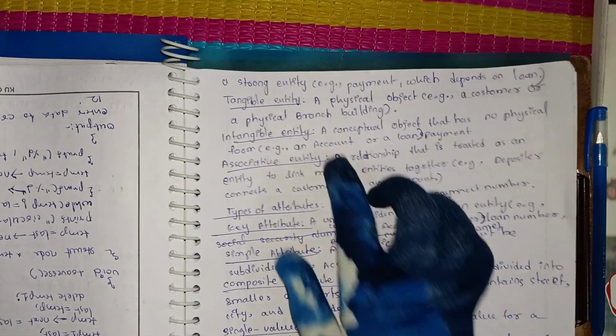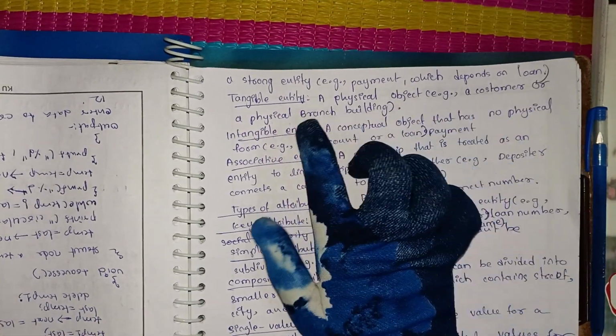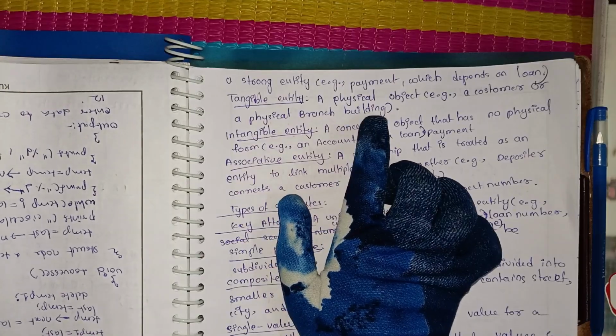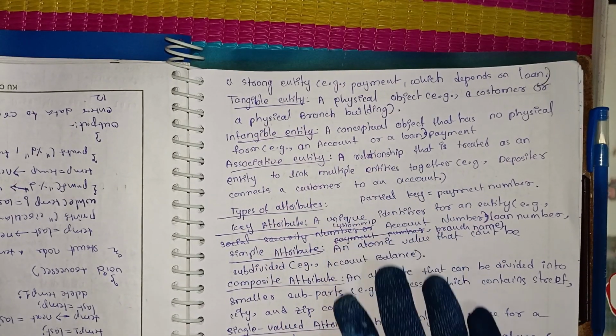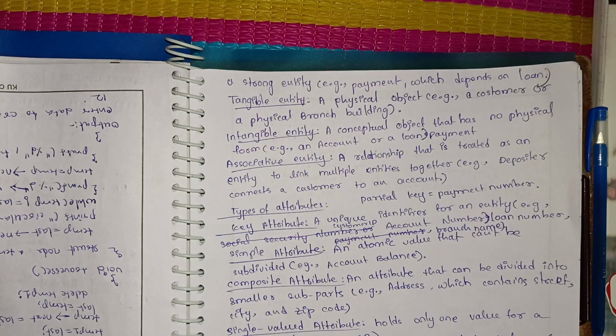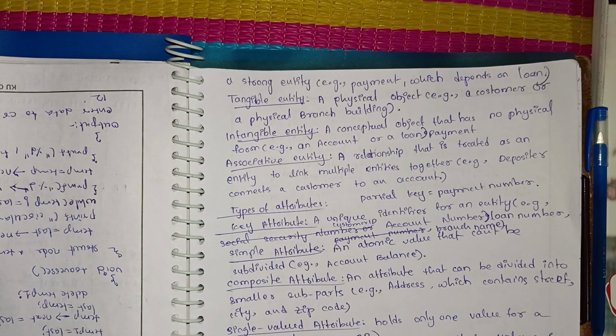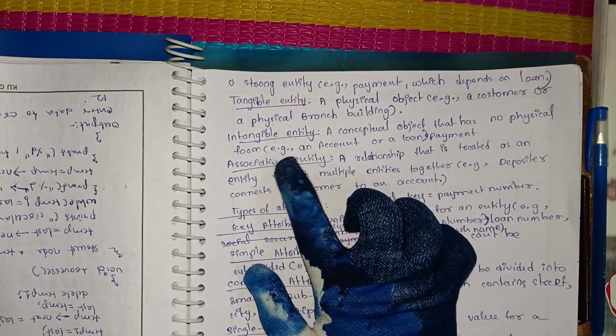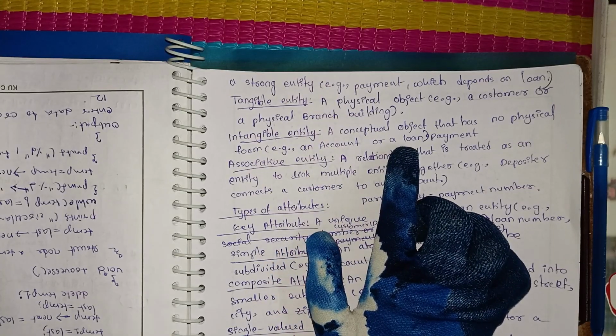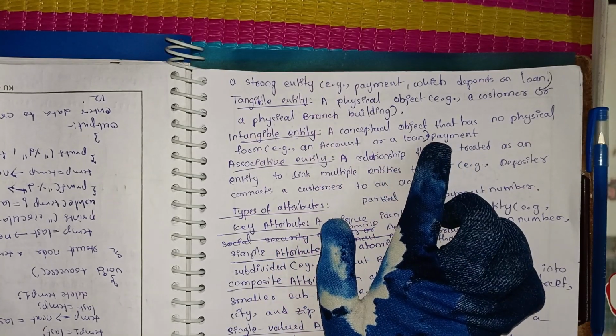Then tangible entity: a physical object, for example a customer or a physical branch building. Customer is a physical object and branch building is also a physical object. That's why it is a tangible entity. And intangible entity: a conceptual object that has no physical form, for example account, loan or payment.